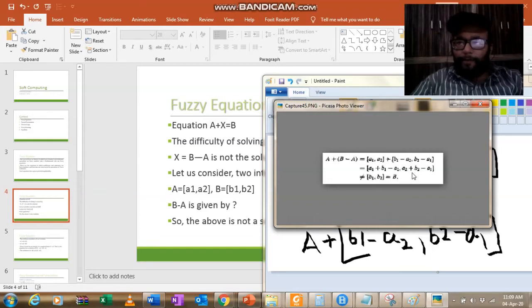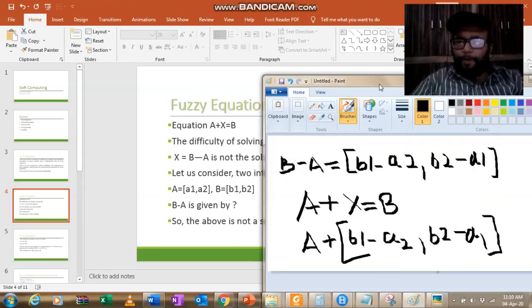If a1 is equal to a2, this will be equal, but this can never be equal, because you know a1 and a2 are a set of values. In case they are equal, then we will get this, but these are not equal. So what I was trying to do was infer b1, b2, but this equation cannot result in b1, b2. Why? Because these two terms cannot be cancelled, so b1, b2 cannot come. Okay, I hope I am clear.